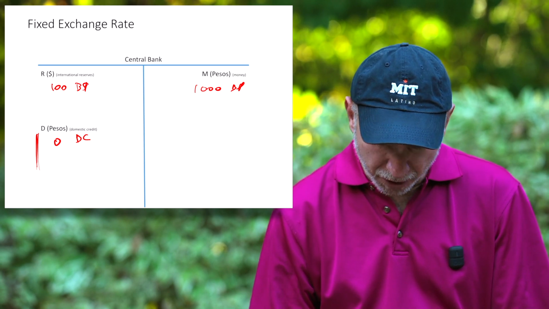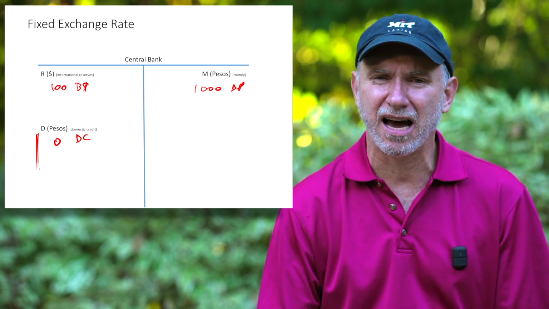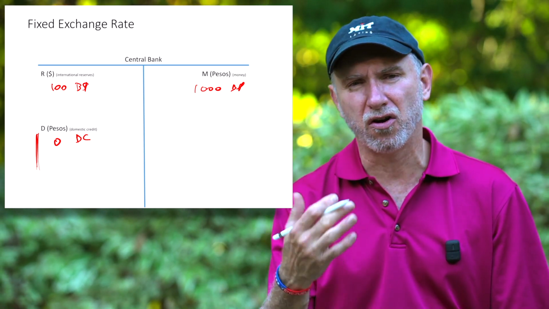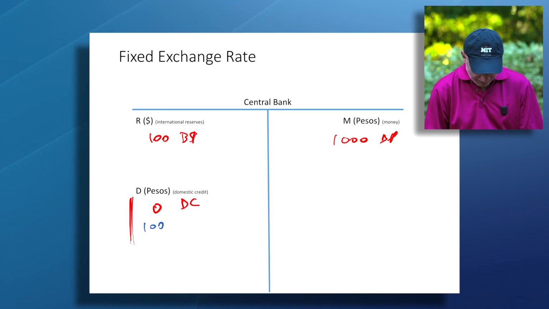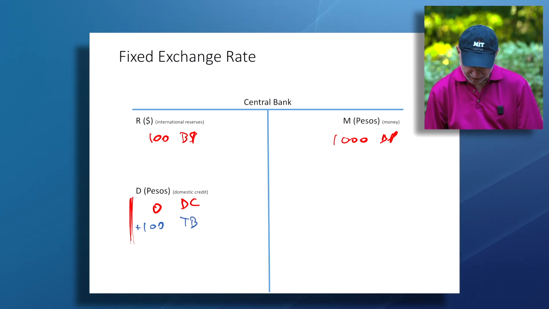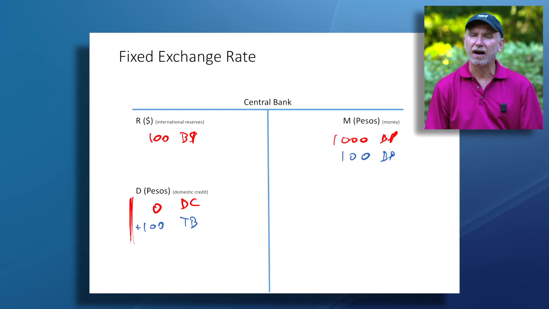When the crisis occurs, suddenly the central bank decides to go and support either the government or a bank. Let's assume that they purchase 100 in treasury bonds. These are in pesos, and I print 100 billion pesos in currency.